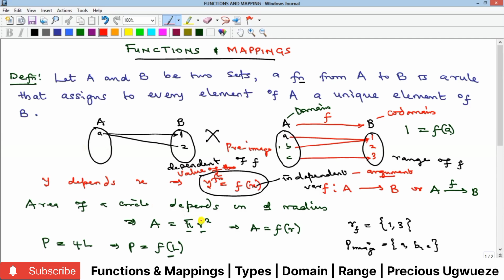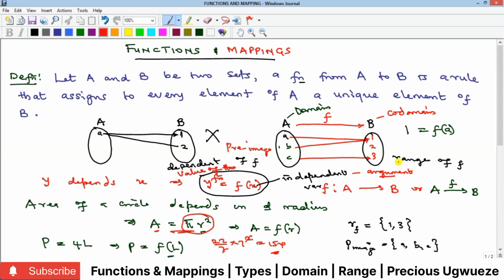For instance, if I say let my r be 7, I will have 22 over 7 times 7 squared, which gives 154 as the area of that circle, which is the value of the function in question.